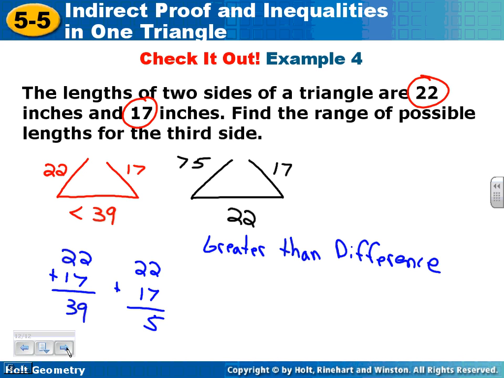This is not a plus sign over here, it's a minus sign. Greater than the difference of the two numbers, meaning subtract them. 22 minus 17 is 5. And less than the sum. In other words, my range is greater than 5 and less than 39. You just subtract the two numbers and you add the two numbers.